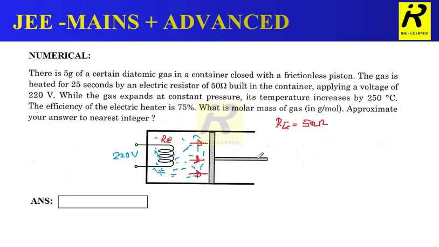That means this piston moves forward like this. Now we have to find the answer for molar mass, how much molar mass has been taken in the gas, which is a diatomic gas. This is the clue we are given.